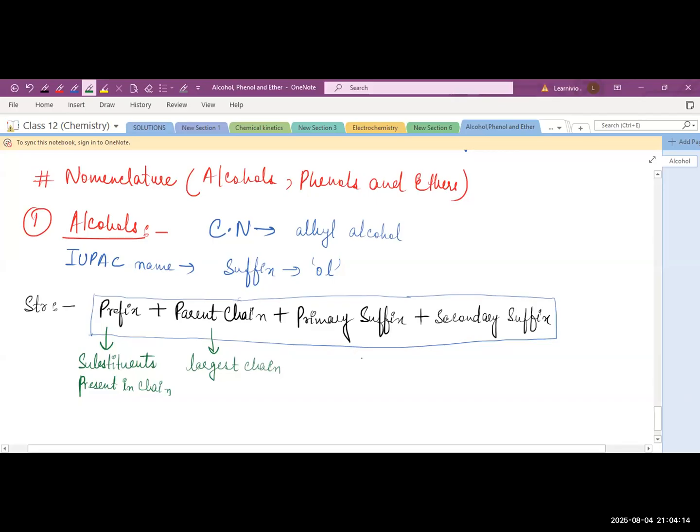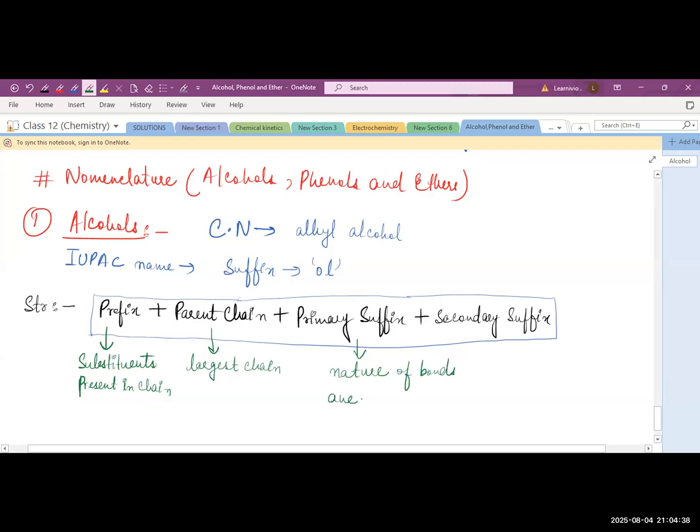And what is the primary suffix? The primary suffix tells us about the nature of the bond, whether it is singly bonded, double bonded, or triple bonded, and so on.